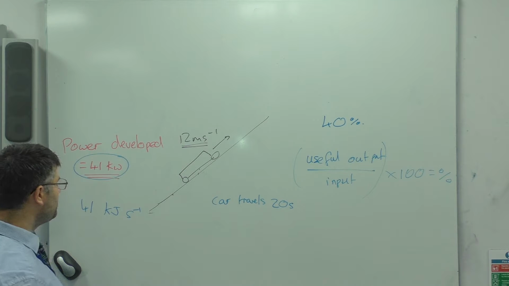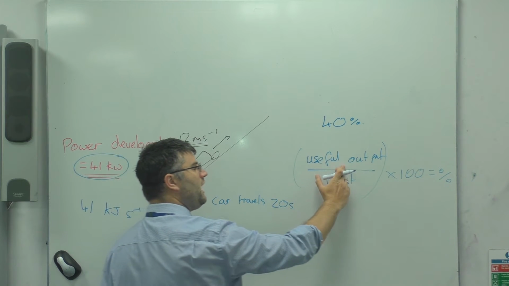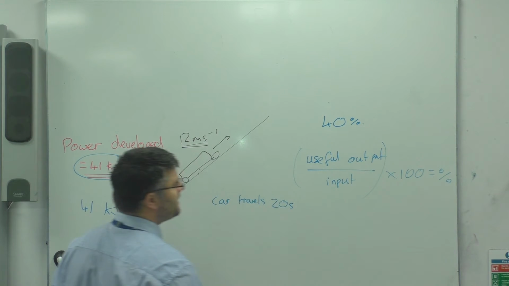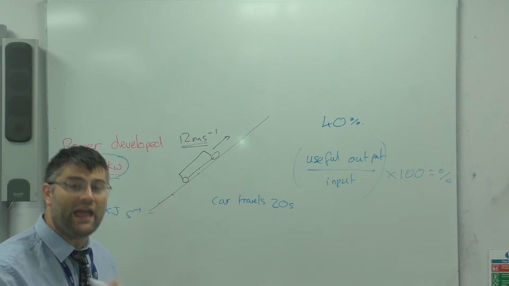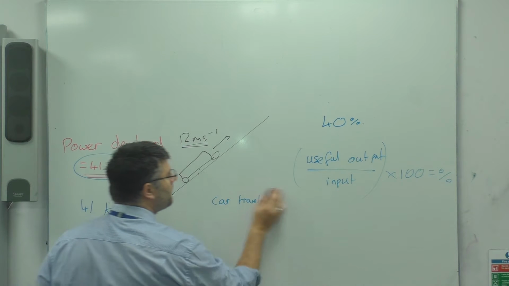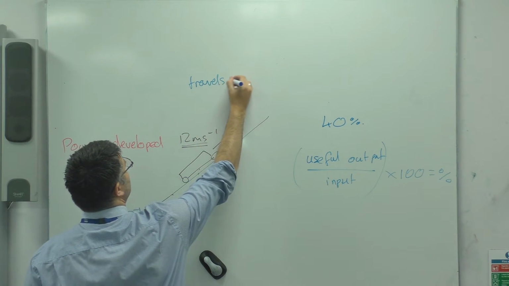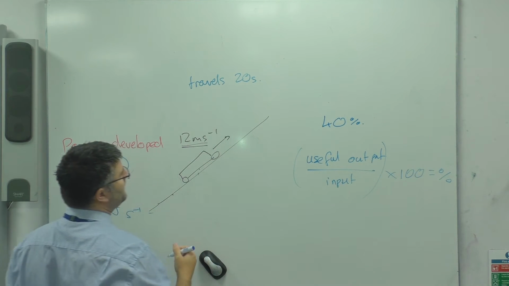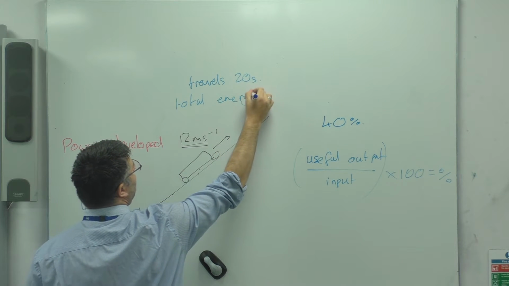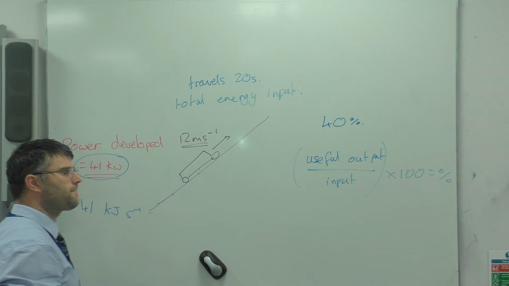So if it uses 41 kilojoules every second, and that is our useful energy output every second, we can use that to work out the input every second. So it travels 20 seconds. I want to work out the total energy input for 20 seconds.